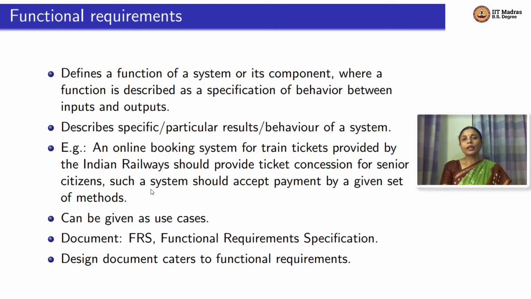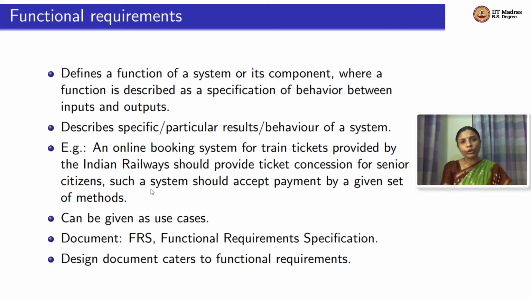For example, let's say our Indian Railways does provide an online ticket reservation system, IRCTC. One simple requirement is if a senior citizen is booking his or her ticket through that system, then the government commits to providing tickets at concessional rates for senior citizens.